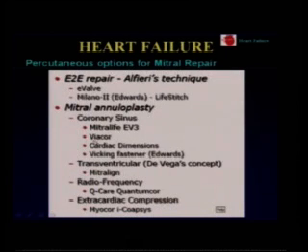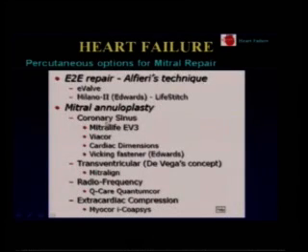Then devices are being put into the coronary sinus, because the coronary sinus is very close to the posterior mitral annulus, so it compresses and reduces mitral regurgitation. Another interesting way is that radio frequency is used at the sides of the mitral valve so that fibrosis occurs and MR regresses.